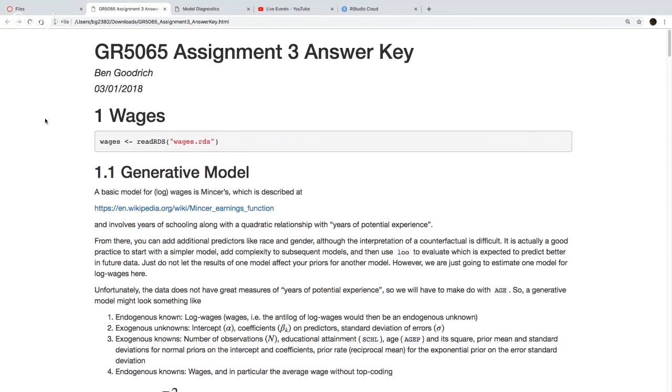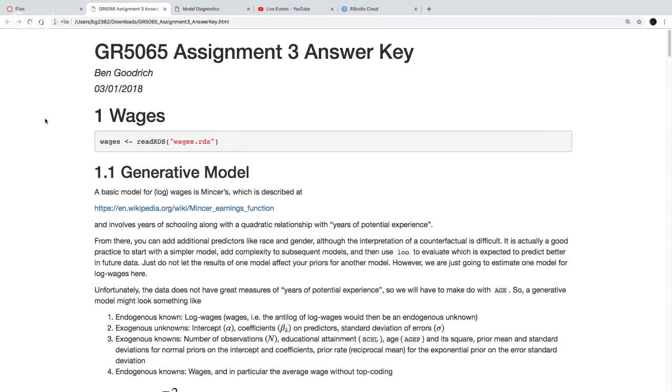So at a minimum, you would probably want to let all the parameters vary between men and women. But you can start with a model that is too simple, and then use things like leave-one-out cross-validation to say whether adding more complexity is worthwhile, depending on whether it's expected to predict future data better.